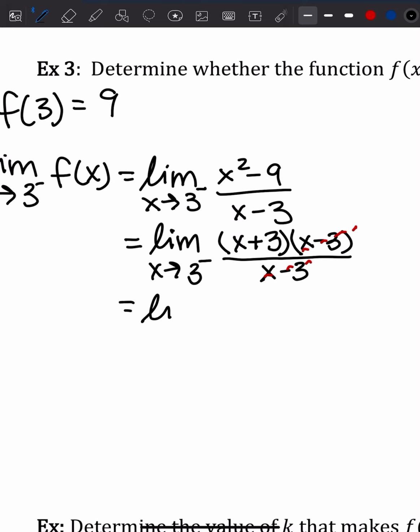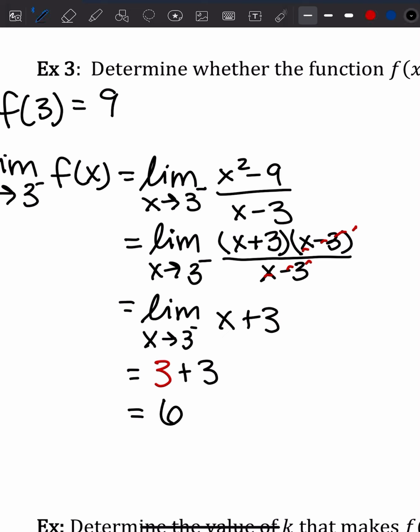So we have the limit as x approaches 3 from the left of x plus 3. Now that we have something that won't give us indeterminate form, we're going to plug in 3. 3 plus 3 is 6.